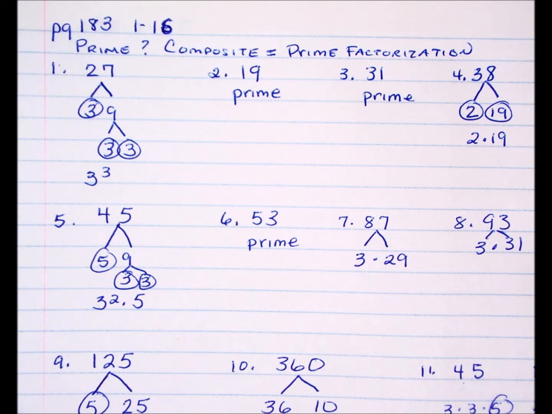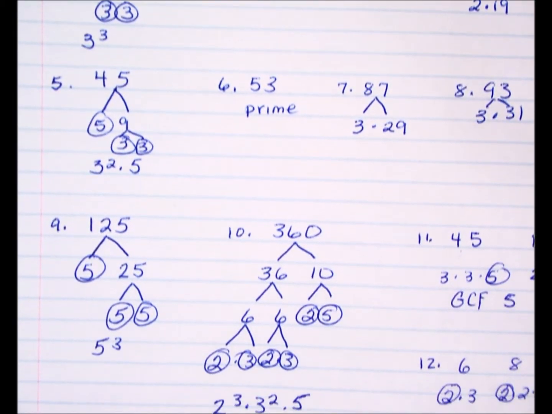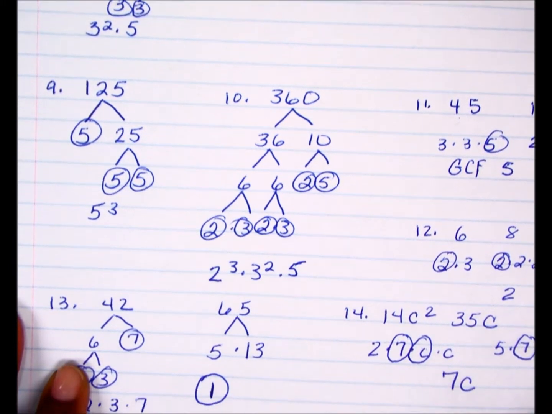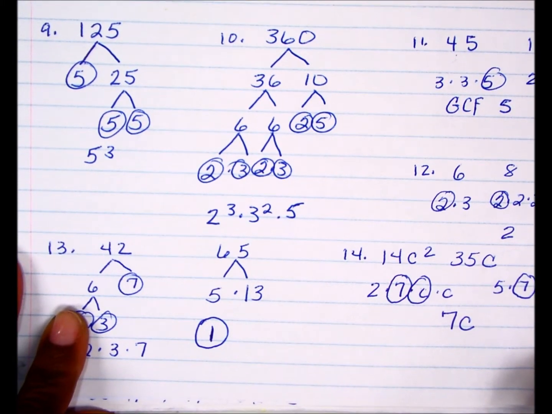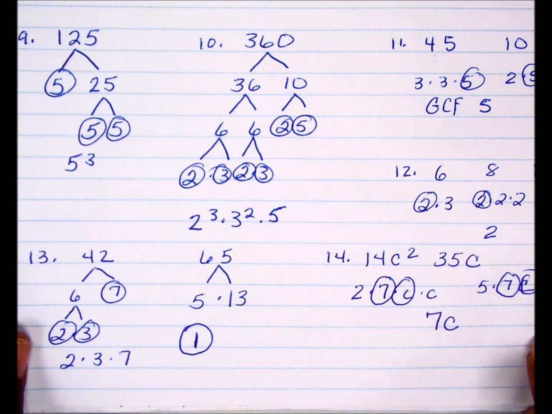And it doesn't end in any of those even numbers or 5. So 29 was also prime. So it's 3 times 29. 93, I did the same thing. I knew immediately it was divisible by 3. And 3 times 31, and we knew 31 was prime earlier. Moving on to some of our bigger numbers, and I'll see if I can go all the way up on this page to show you the rest of this.